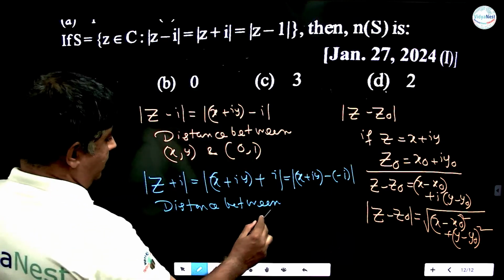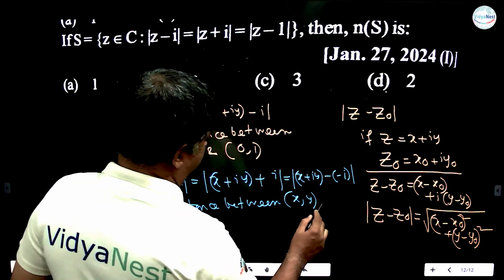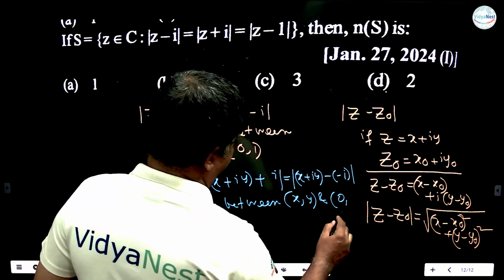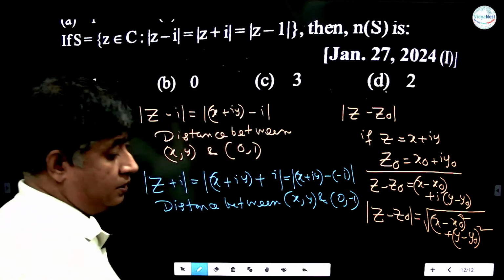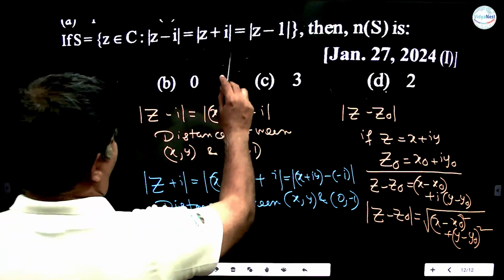That means the distance between (x, y) and (0, minus 1).